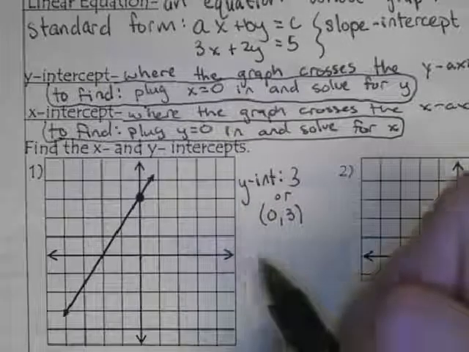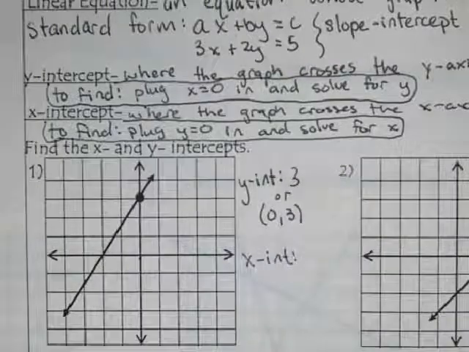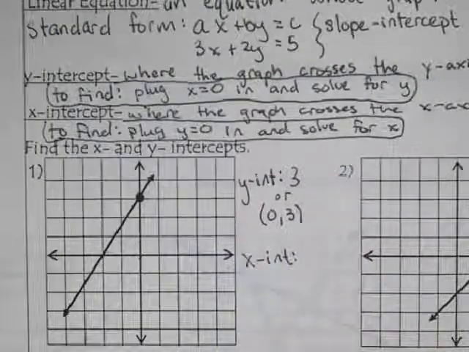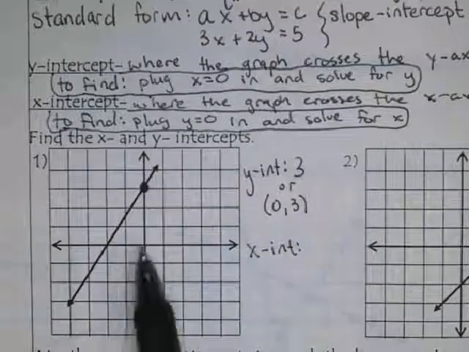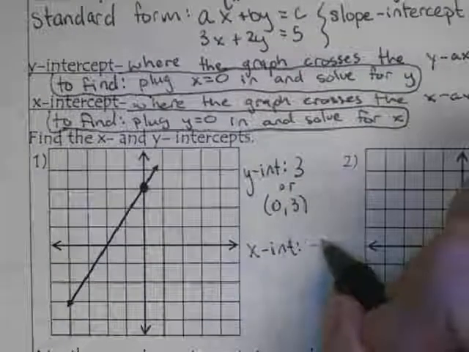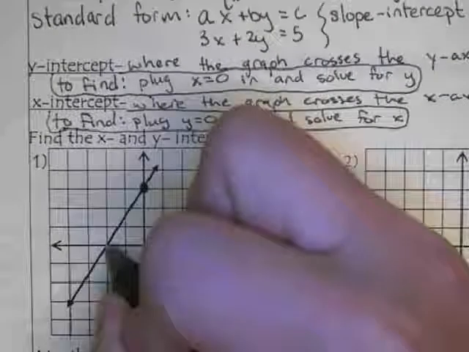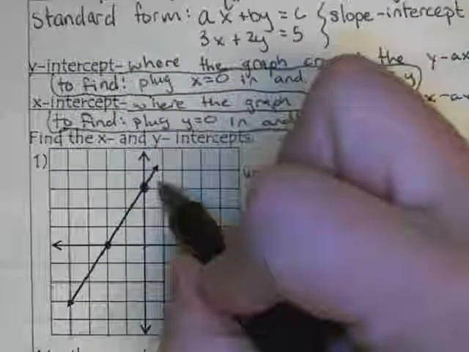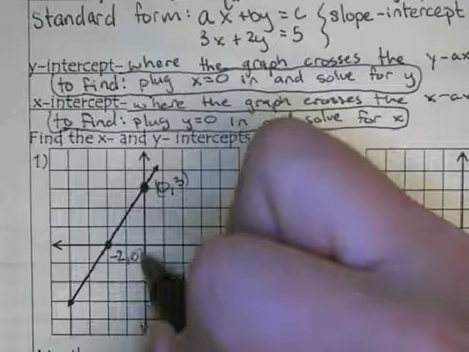And then the x-intercept would be: I could go left 2, 1, 2, and that's negative 2, or the point negative 2, 0.